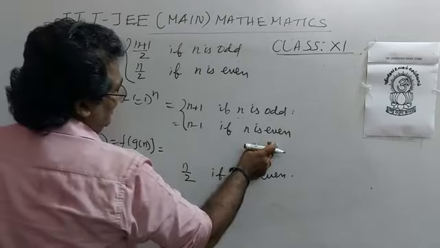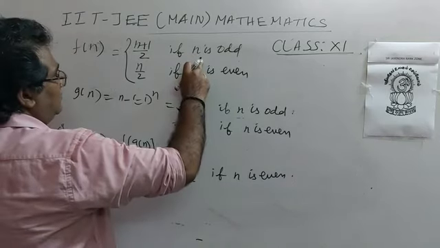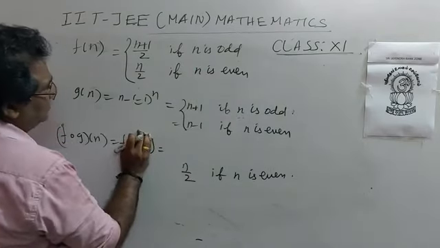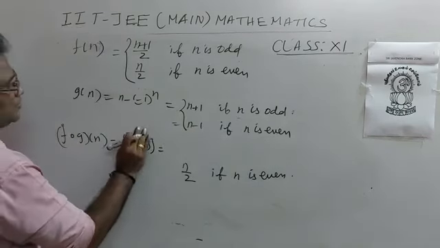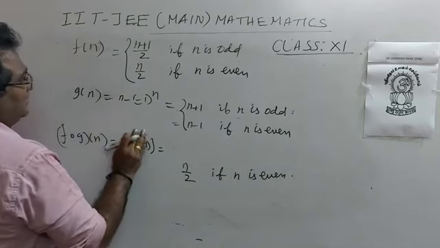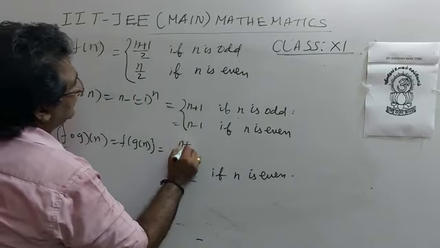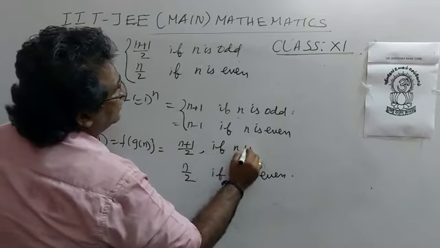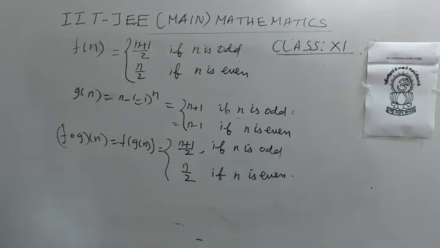If n is even, then n minus 1 is odd. So g of n is an odd number, and f of an odd number equals (n plus 1) by 2 if n is odd.